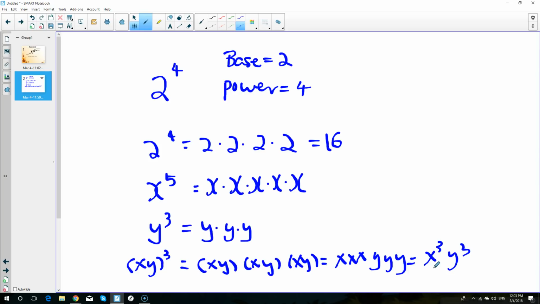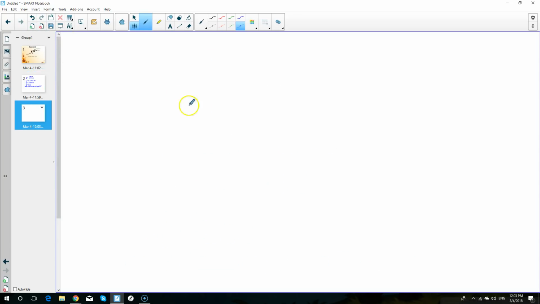So if I give you an example of 5 to the power of n, you have to tell me that the base is going to be 5, while your exponent or power, it is hard to write with this, is going to be n.